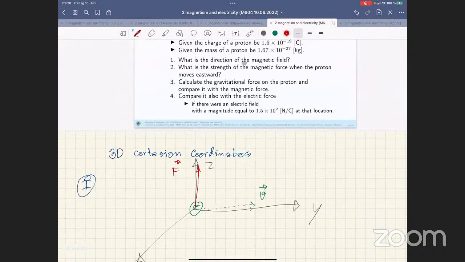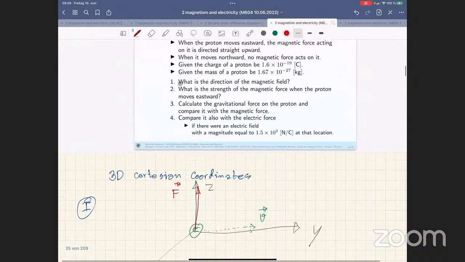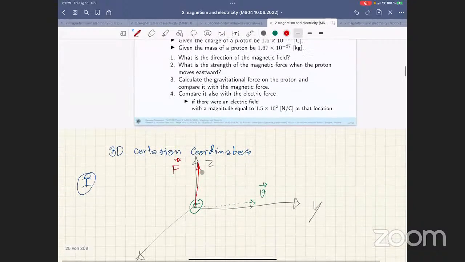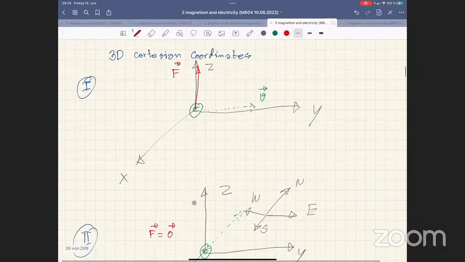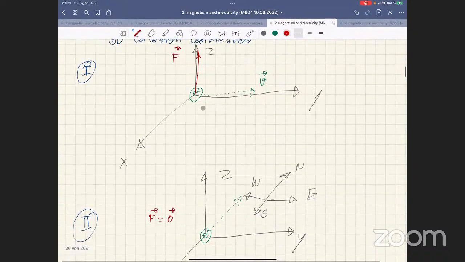So we have the mass and the charge of the proton, and the first question is, what is the direction of the magnetic field in both scenarios? Because the magnetic field doesn't change in both scenarios.